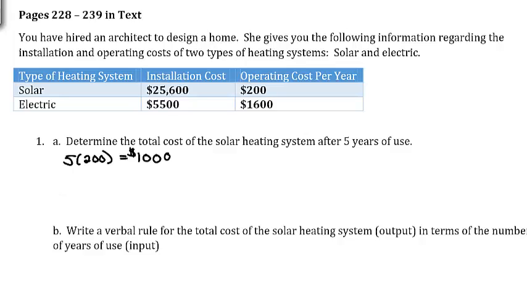If we're also going to include this installation cost in there, then we have to add the $1,000 to the $25,600. And that would give us a total cost of $26,600.